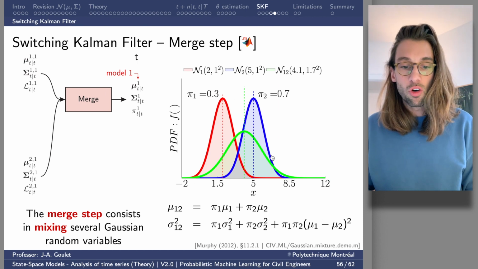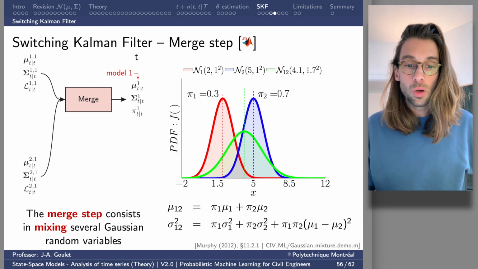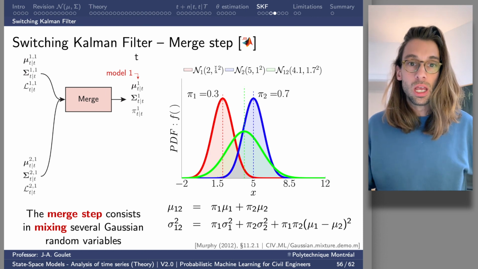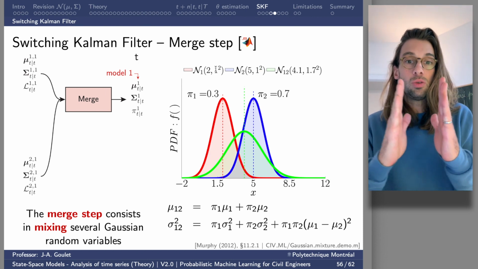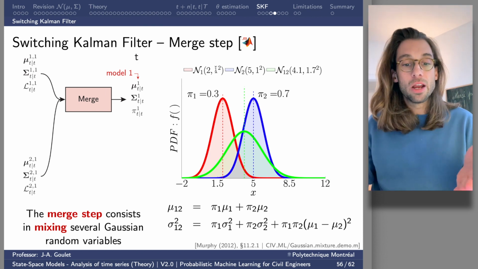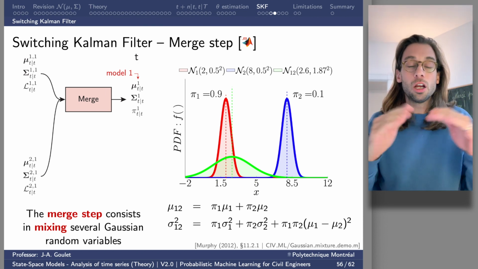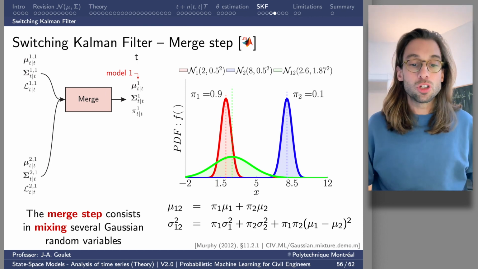Here's the variance for my Gaussian mixture, which is larger, 1.7 in comparison with 1 for the other 2 distributions. And this increase in variance is due to the spread between my red and my blue distributions. The farther apart my distributions are, the more widespread my Gaussian mixture is going to be.